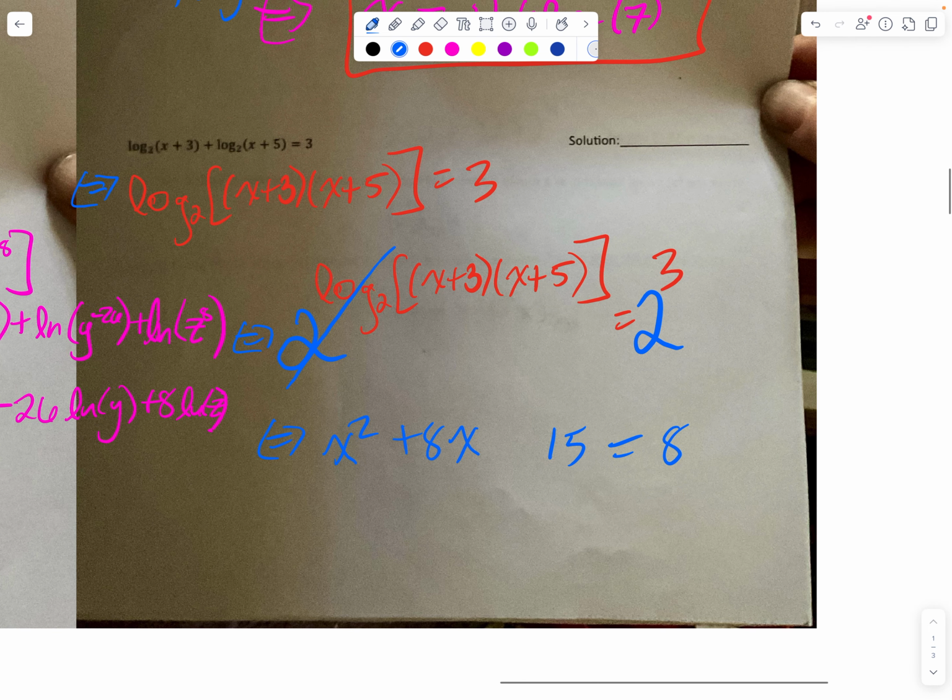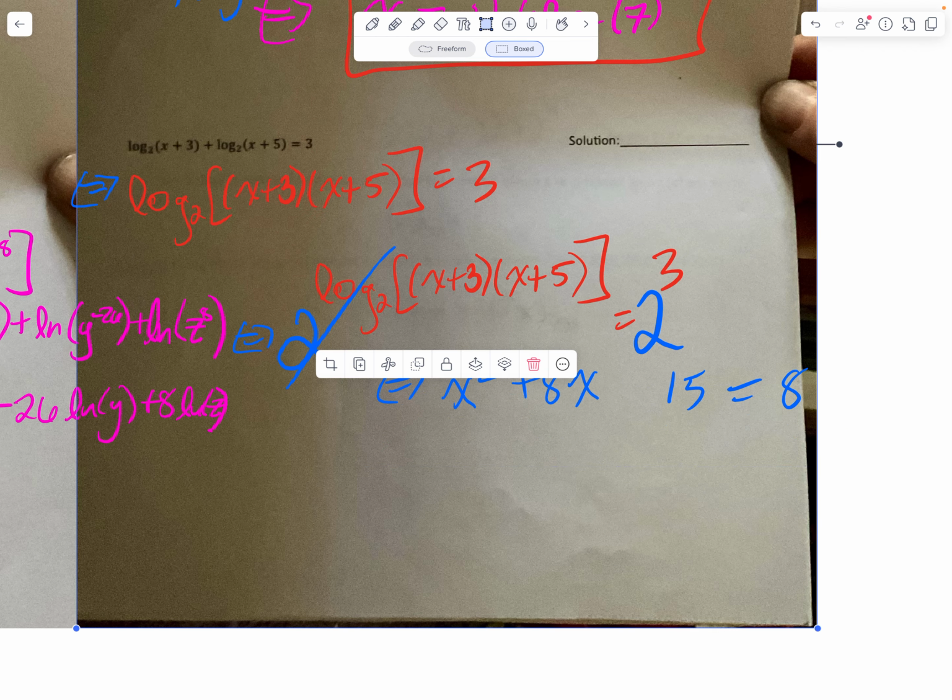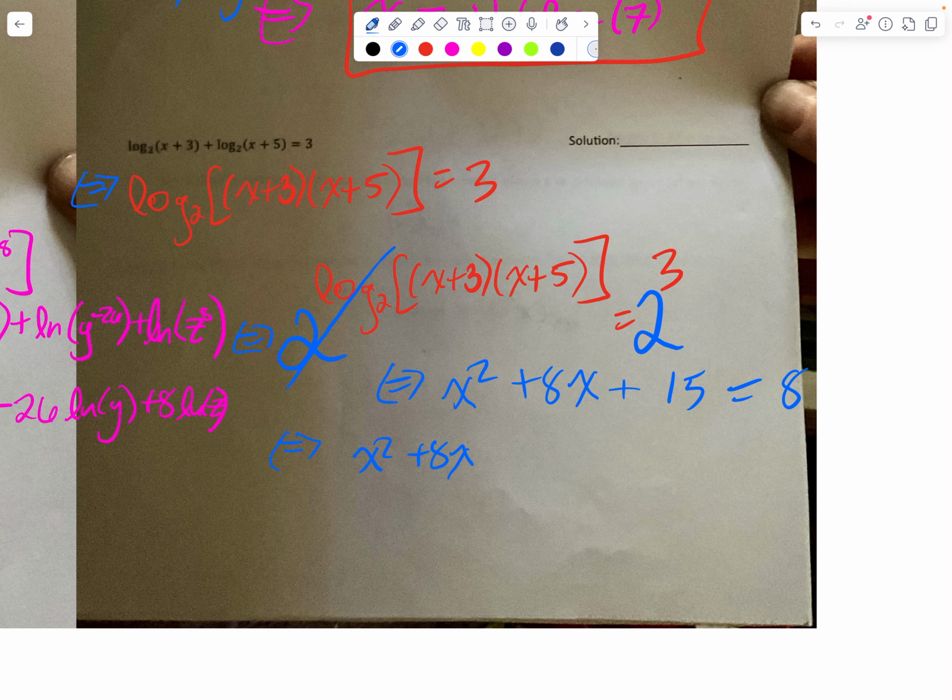And now it's just a quadratic. Y'all know how to solve those, but I'll go through it here. Move everything to one side so that everything is nothing. Subtracting 8 from both sides. This is easily eyeball factorable.